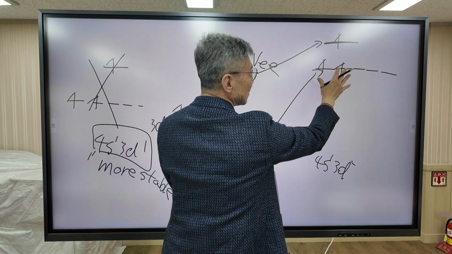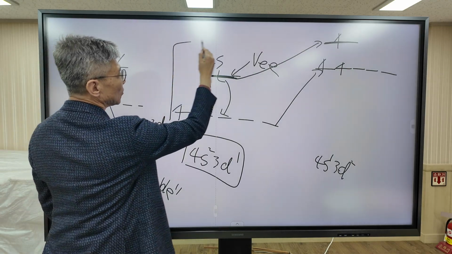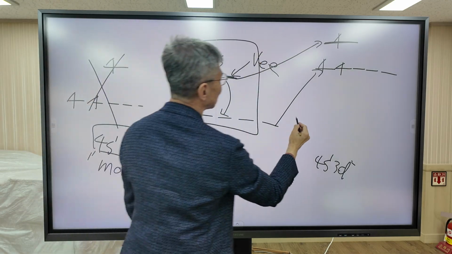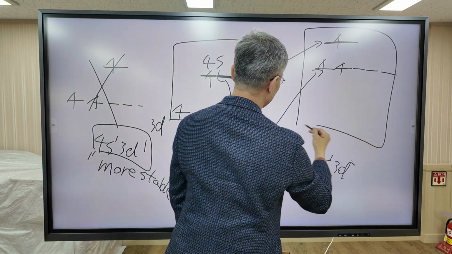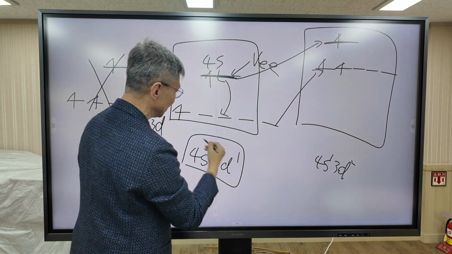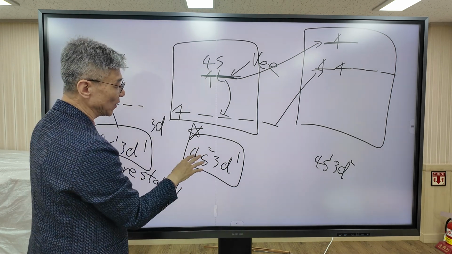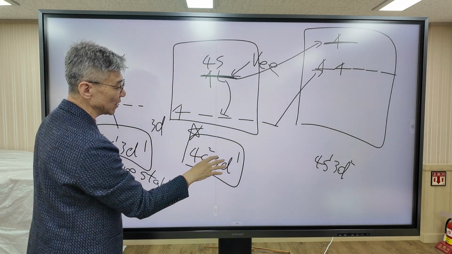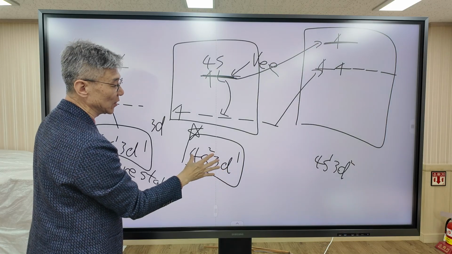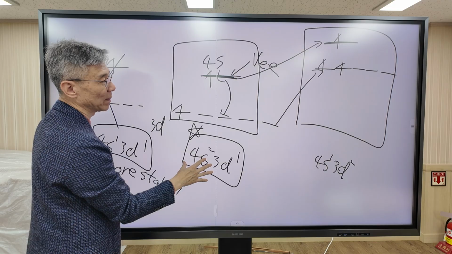So this is the right situation rather than the other one. When you compare the total energy of this configuration with that one, this configuration is more stable. So this is the ground state configuration. Even if the 4s orbital energy level is higher than 3d, this configuration lowers the total energy of the system.